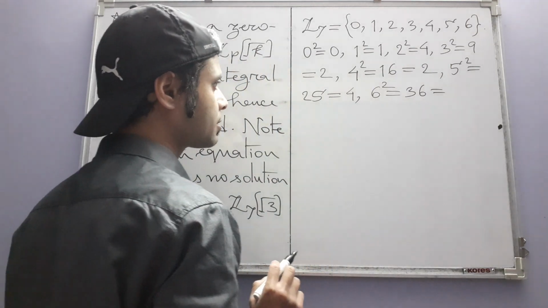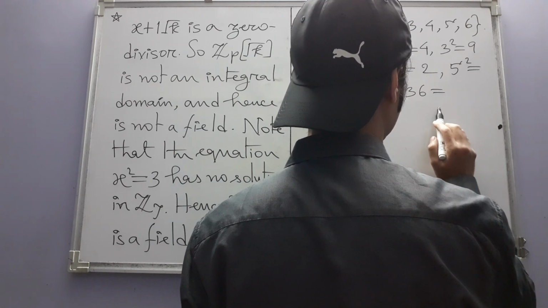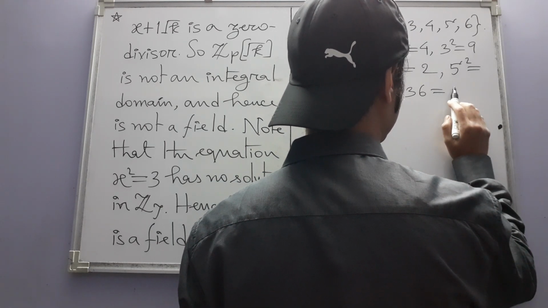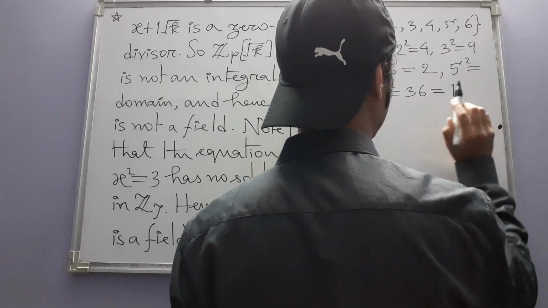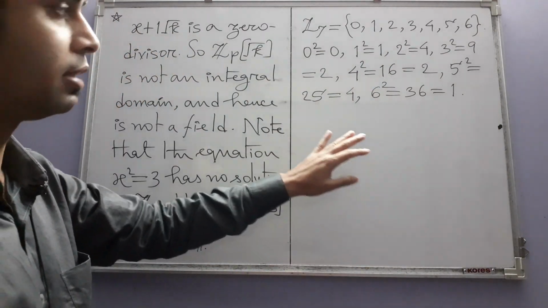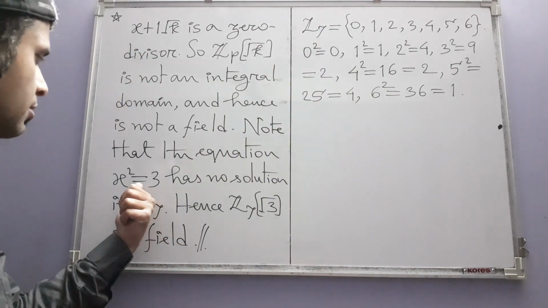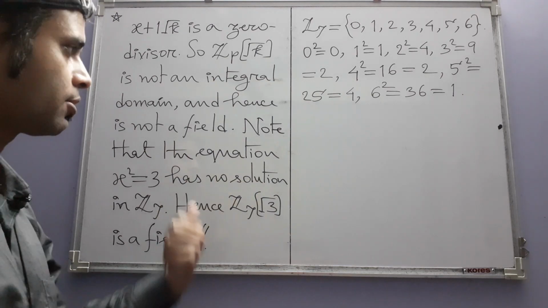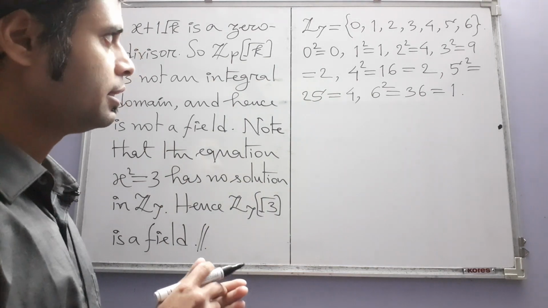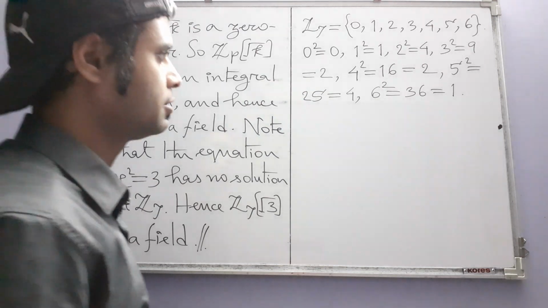In Z7, 36 equals what? 7 times 5 is 35 plus 1. So you do not see any 3 here. That's why no square in Z7 is equal to 3. In that way, it has no solution. Or in other words, in Z7 there is no root 3. That's the thing.